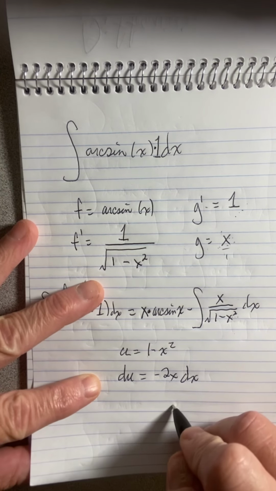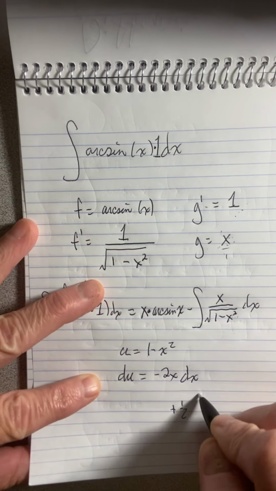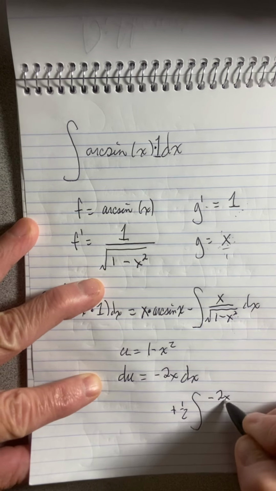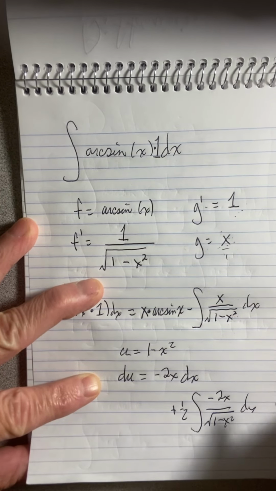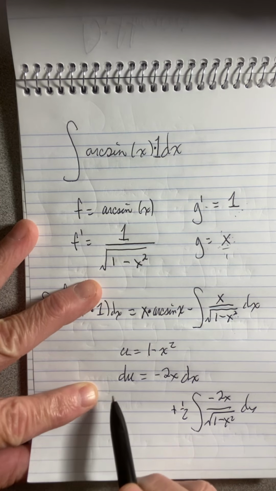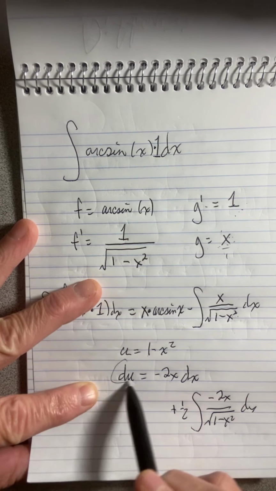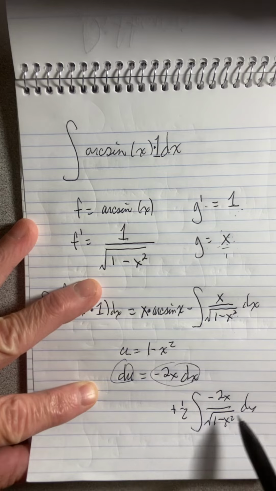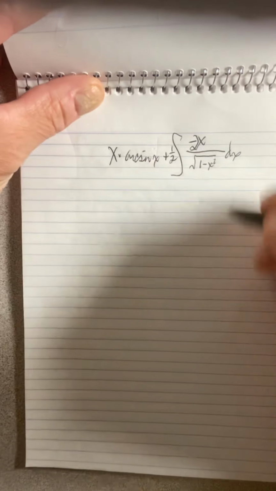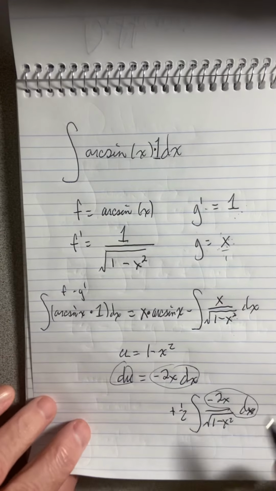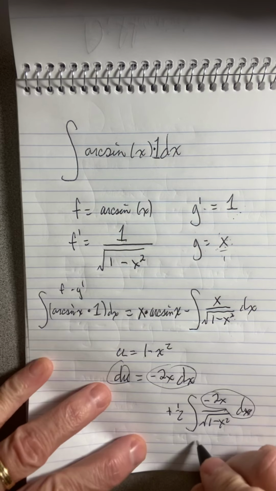Well, we could change it to plus 1/2 of negative 2x over the square root of 1 minus x squared dx. Then we could take this du and substitute it in for negative 2x dx, which is the whole numerator. Oh, that's supposed to be an x. So I'm going to put a half here and make that a negative 2 there. So I can put in du for the numerator there.